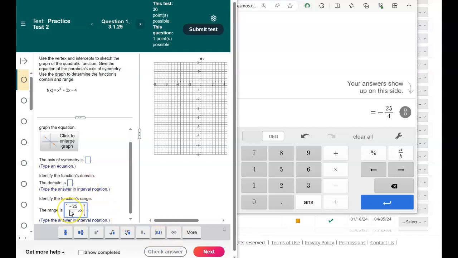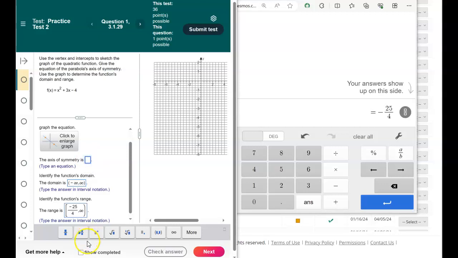Okay, so that's how you would type in the range, because, as I've said, this is a parabola that is opening upward. So it's from the y-coordinate of the vertex up to positive infinity. Just to show you how to input the domain as well, it's negative infinity to positive infinity.